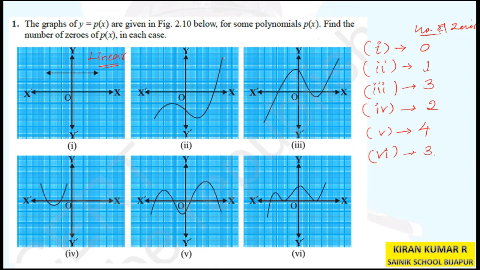This is a curve. This curve is not a quadratic polynomial. The reason is, in a quadratic polynomial we will always have either this shape or this shape. These two are called parabolas.